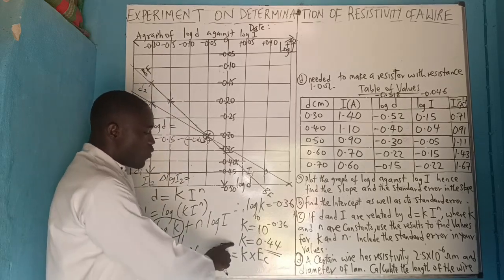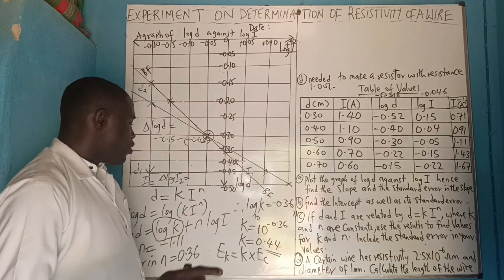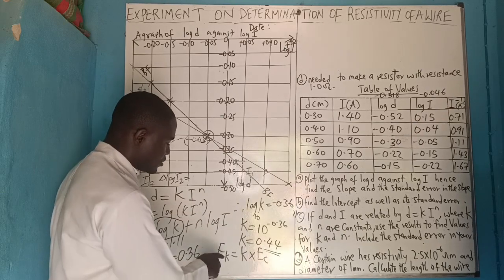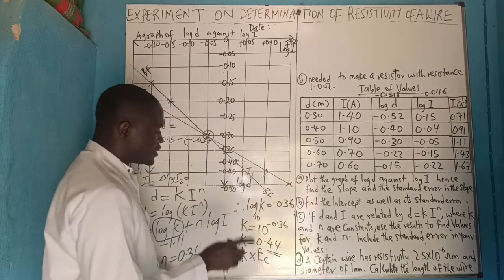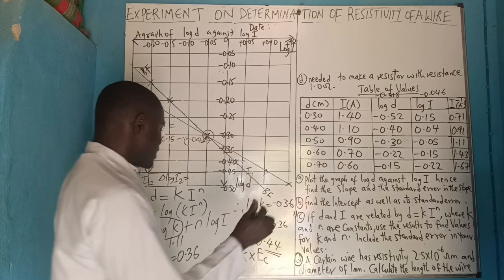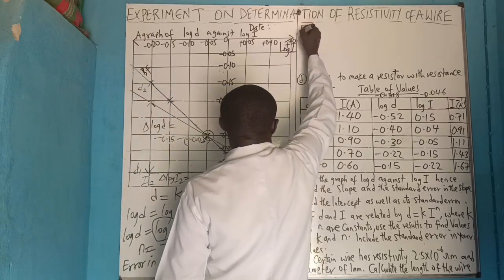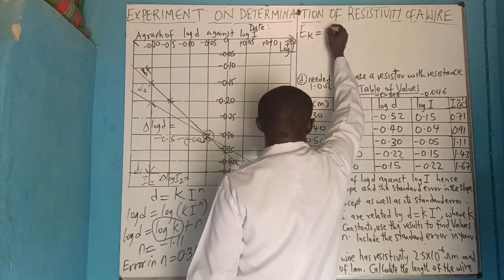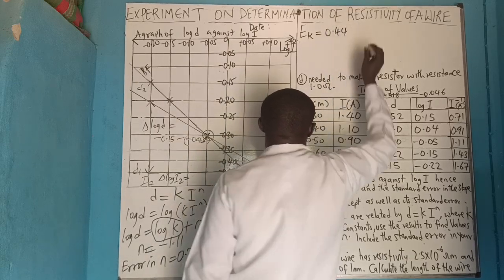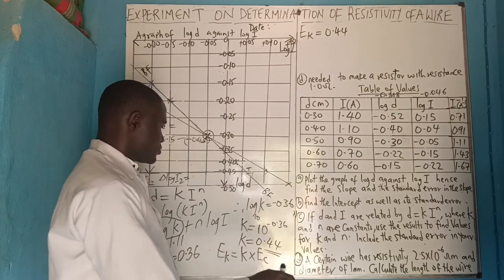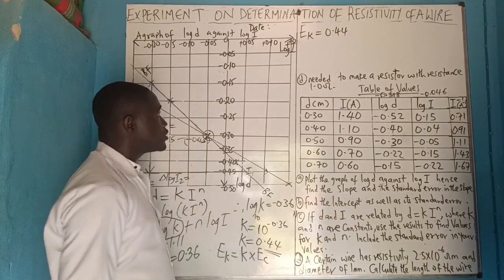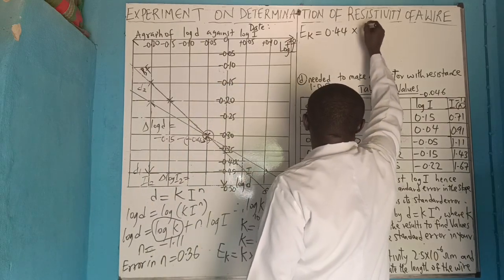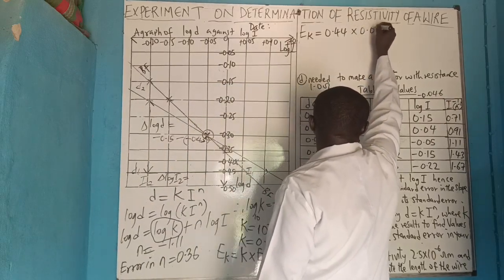Okay? And so when we have it this way, error in intercept is 0.02, and therefore error in k is equal to 0.44, which is the actual value of k we got, times the error in the intercept, 0.02.